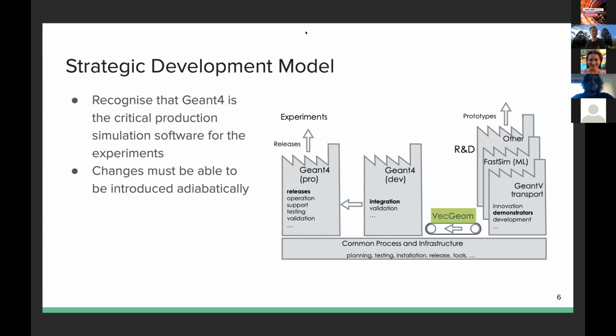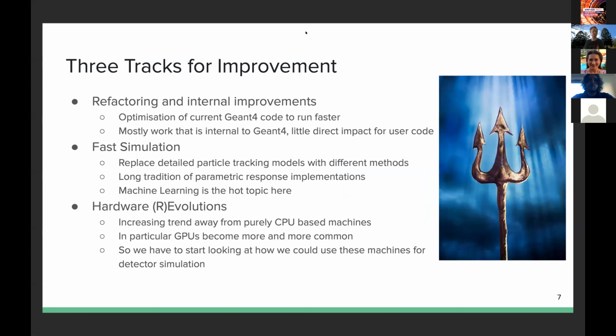So if you delve into that a little bit more deeply, one sees 3 tracks for improvement. There's a kind of 3-pronged approach, if you like, towards improving detector simulation. The first one is maybe the least dramatic, but the one which can probably gain us a good amount, which would be very useful, and that's optimization of the current Geant4 code to run faster.